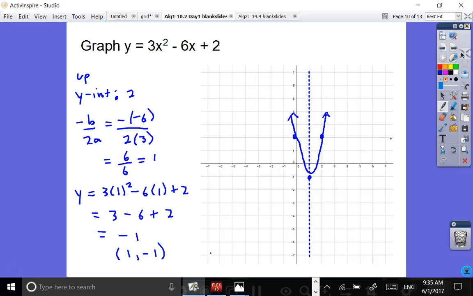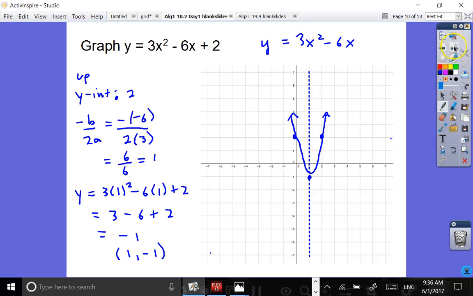Is that kind of what you're saying? Could you have one that goes through the origin? What if this equation was y equals 3x squared minus 6x, and there was no constant term? That means it's 0. Right? Kind of like a direct variation, y equals kx. Because there's no constant being added, it goes through the origin. So yeah, it could go through the origin, and it will sometimes.